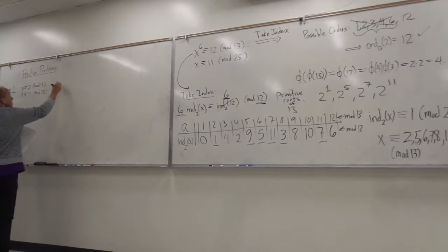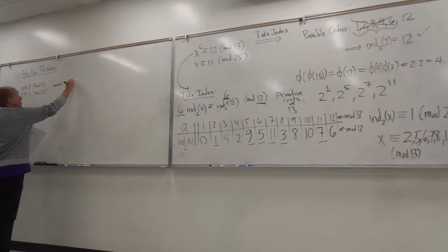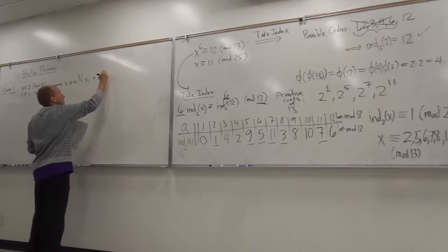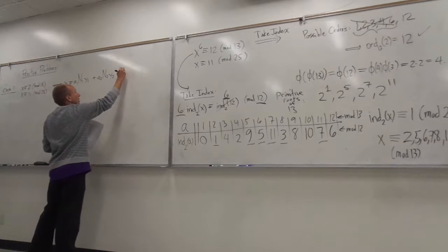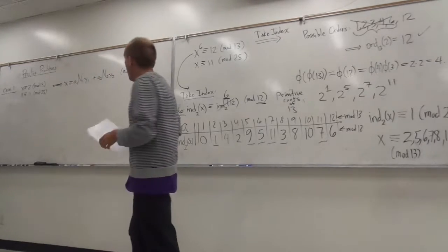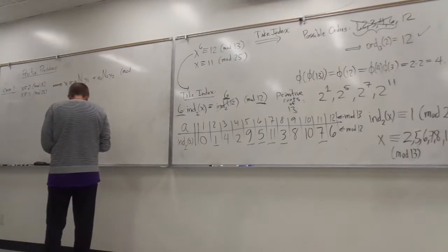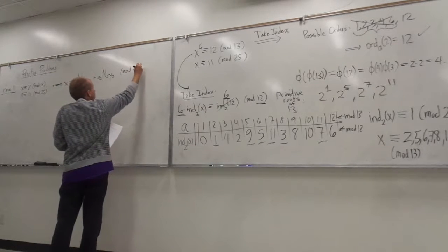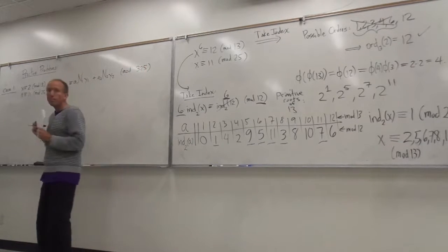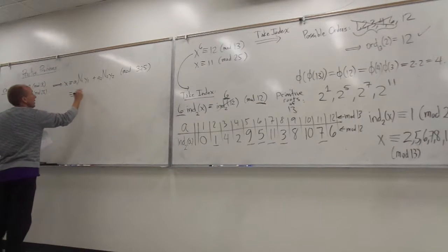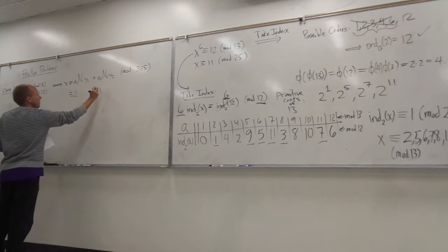The solution, remember, is x is congruent to a1 N1 y1 plus a2 N2 y2. And this will be modulo the product of those mods, 25 times 13, which is 325, I believe. The a1 is 2, and the a2 is 11. Those numbers are easy.